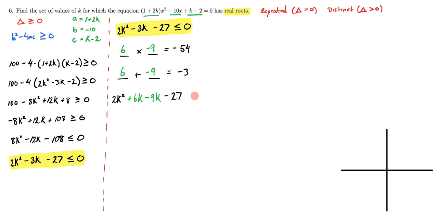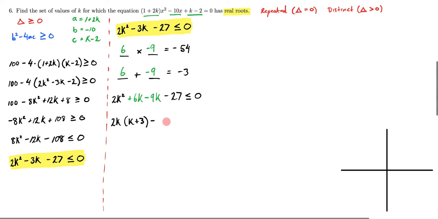And remember, this is less than or equal to 0. I then could factorize, I could take out my common factor. Here it will be 2k, and I'm going to be left with k plus 3. I'm going to take out a negative 9 here and be left with k plus 3.